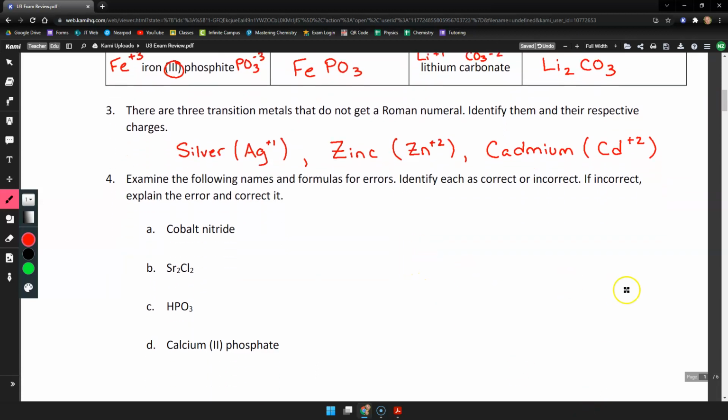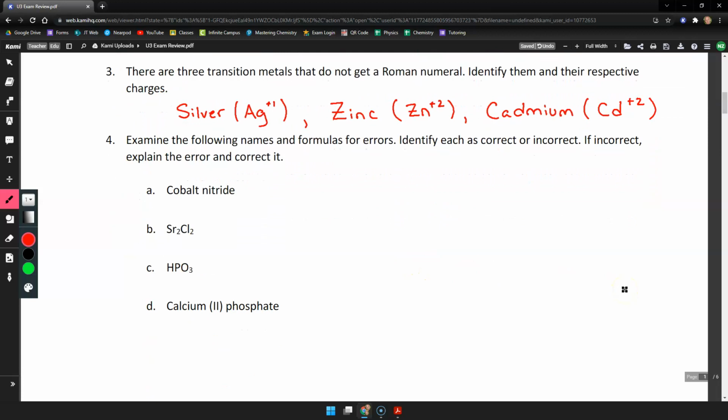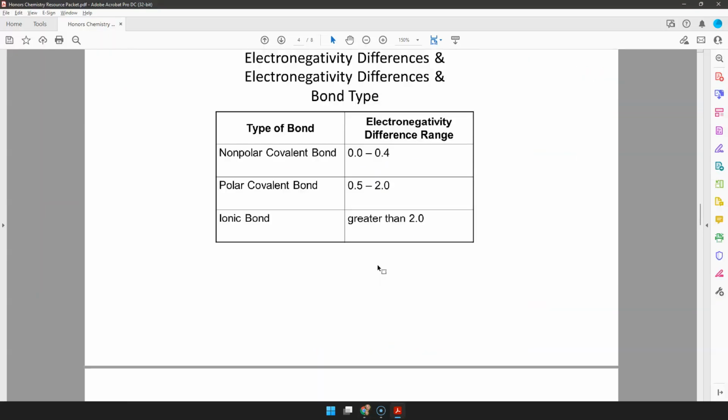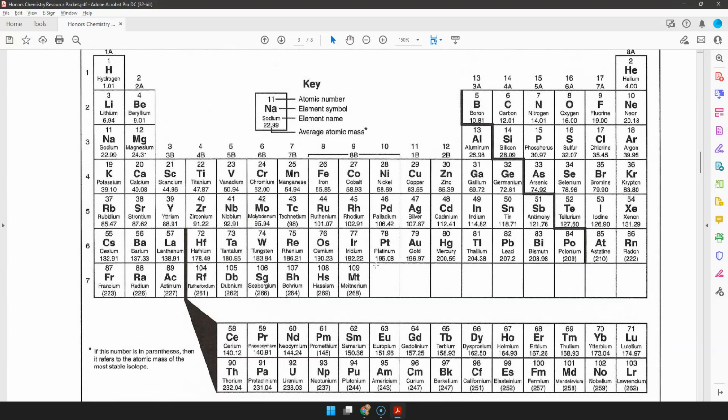All right, number 4 says, examine the following names and formulas for errors. Identify each as correct or incorrect. If incorrect, explain the error and correct it. So we have cobalt nitride. Okay, so let's just take a quick peek and see where cobalt is on our periodic table.